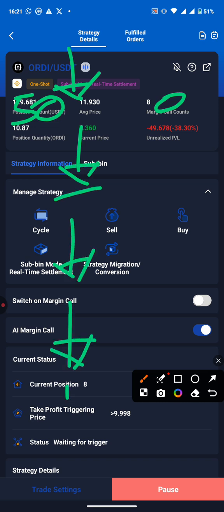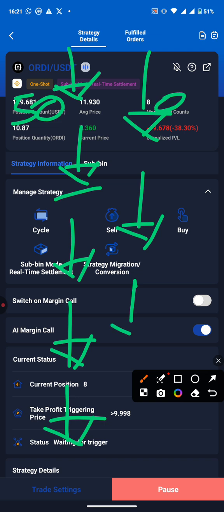The market dropped, the robot bought, eight times in all.